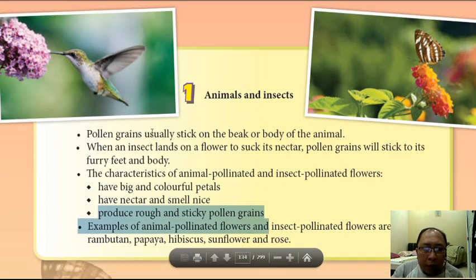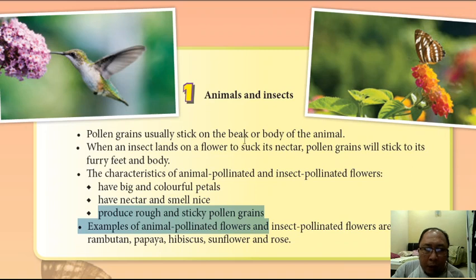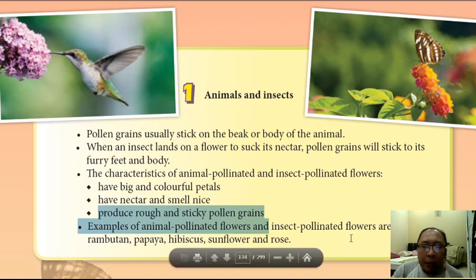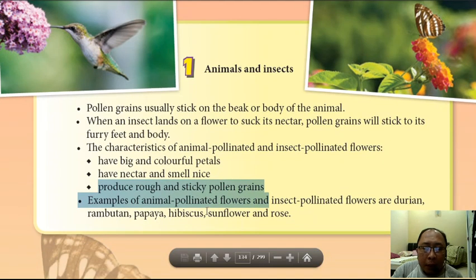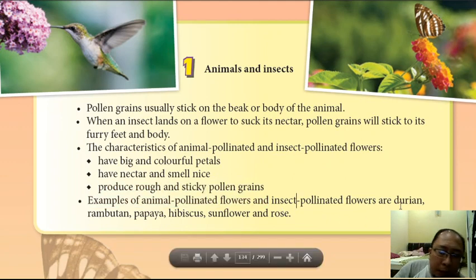So pollen grain usually sticks on the beak or body of the animal. When an insect lands on a flower to suck its nectar, pollen grain will stick to its furry feet and body. So examples of animal pollinated flowers and insect pollinated flowers are durian, rambutan, papaya, hibiscus, sunflower, and rose.